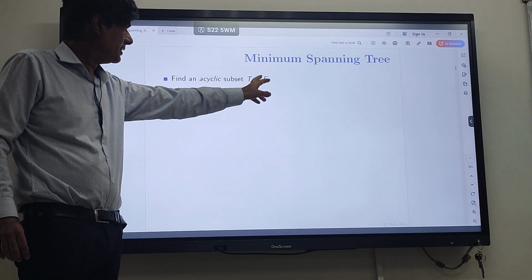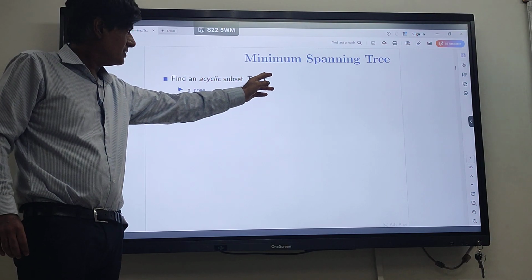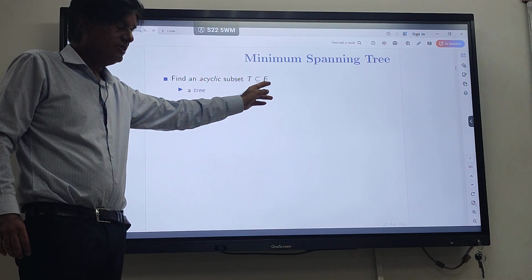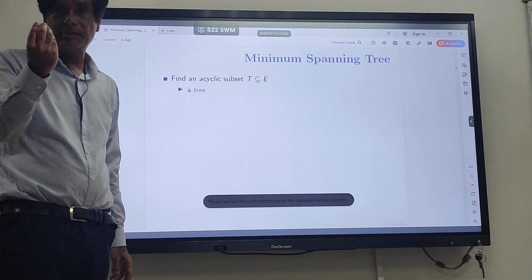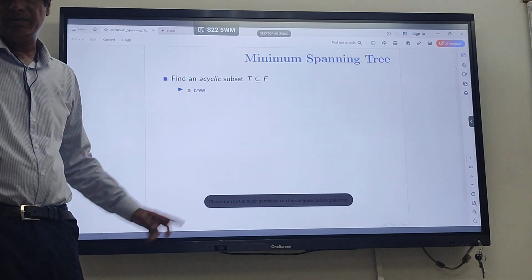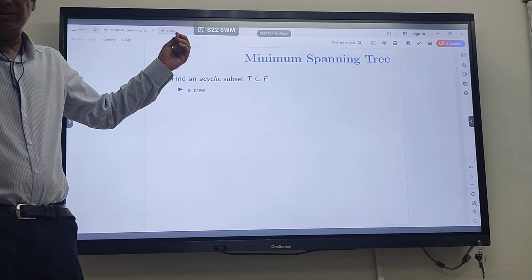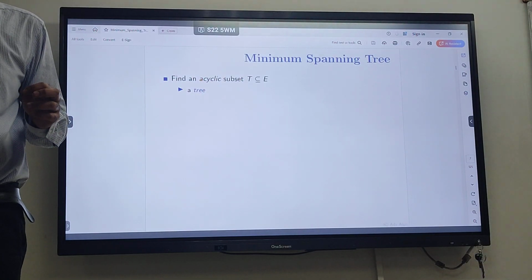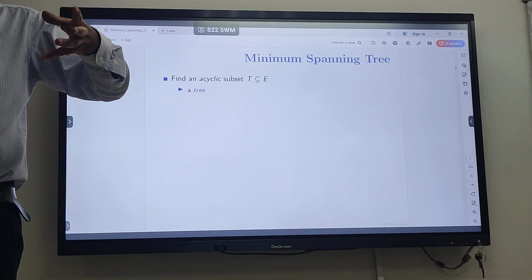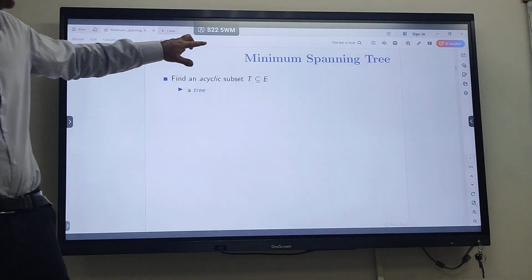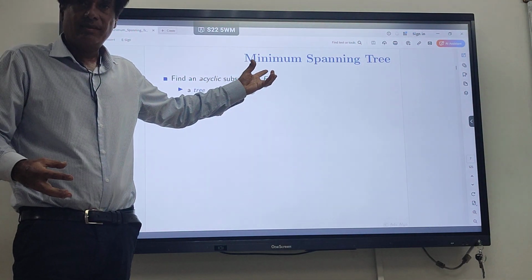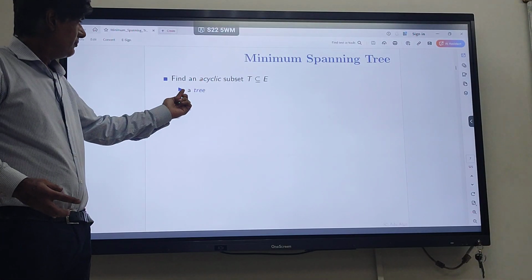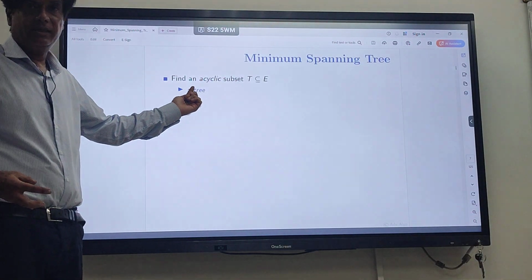From the overall edges, we are selecting a subset of edges that we are calling T in this slide. From the existing edges, we are essentially deleting some edges and retaining some edges. So T are the retained edges, such that we get a tree, a spanning tree.